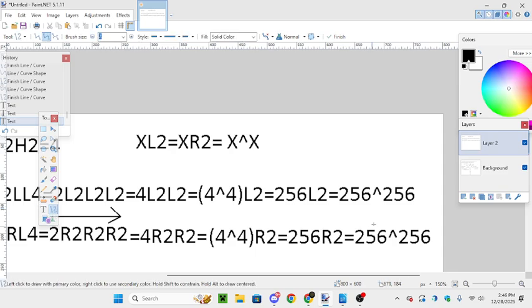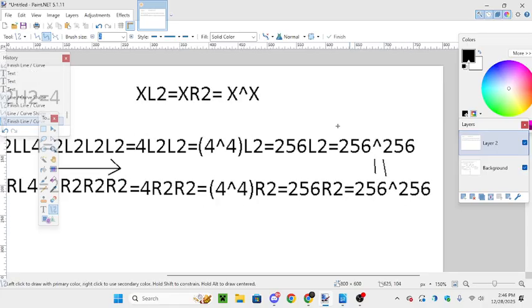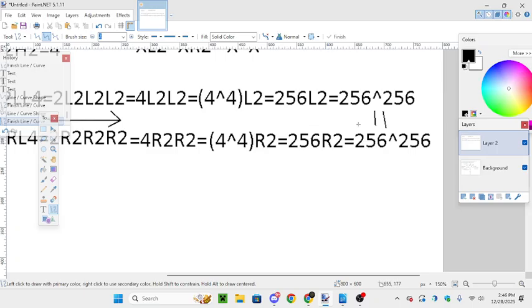And if you note, these are equal. Now, obviously, 256 to the 256 is a bit too big to compute, but it's 2 to the power of 2048. But what I want you to see here is that this is not a fluke at all.